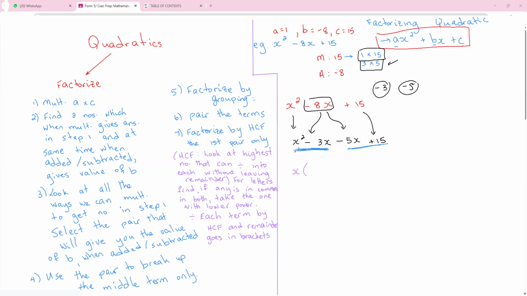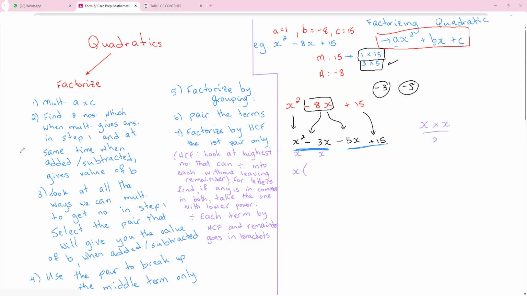Right, so I'm going to divide each of these by what we pulled out. Whatever you pull out, you divide each of these two terms by what you pull out, because remember, we're working with the first pair only. So this x squared is like x by x, so it's like x by x divided by x. When I cancel this with this, I'll be left with x.